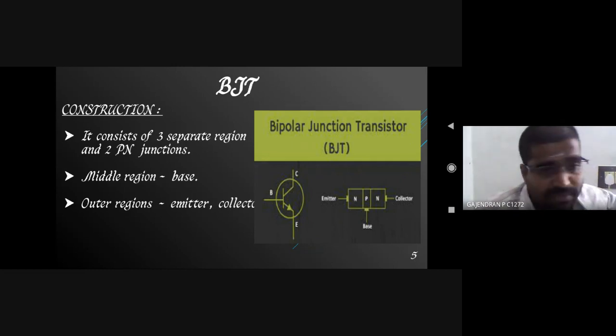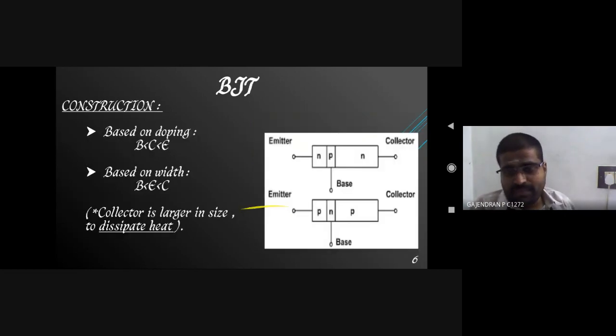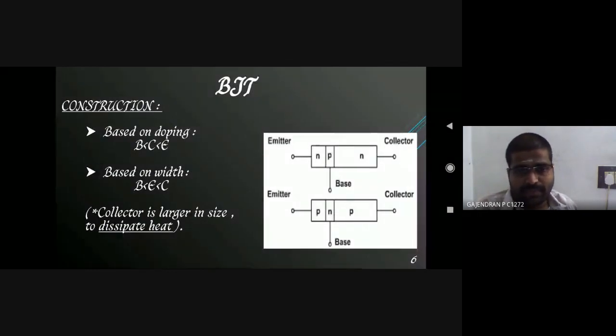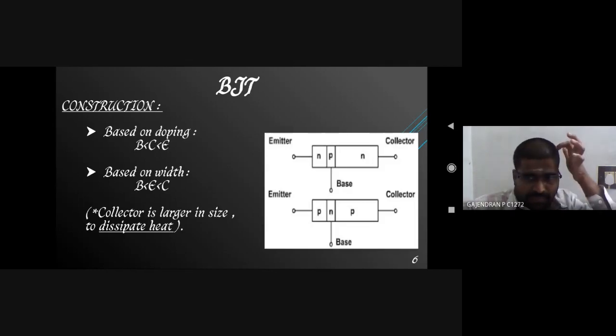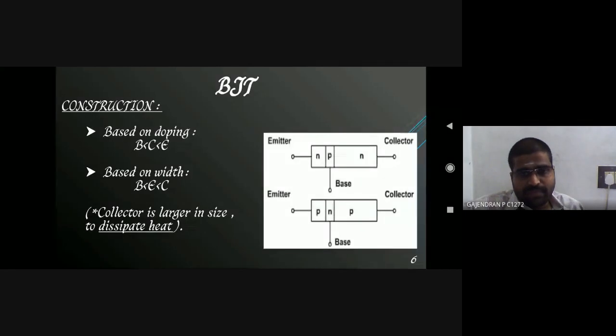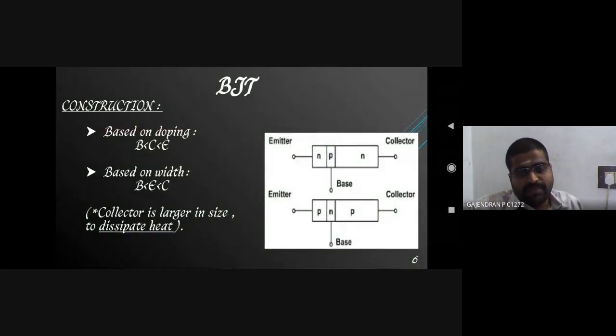The middle region is called the base and the outer regions are the emitter and collector. The width of the collector is greater than the emitter and base. In doping, the emitter is highly doped and the collector is moderately doped. The base is lightly doped. The collector is larger in size to dissipate heat.